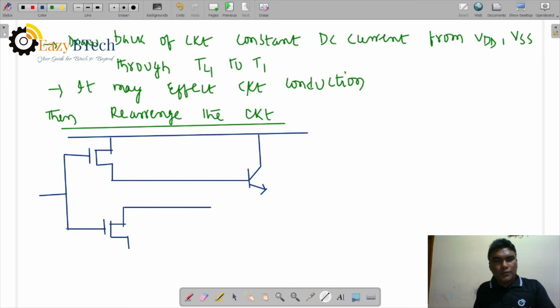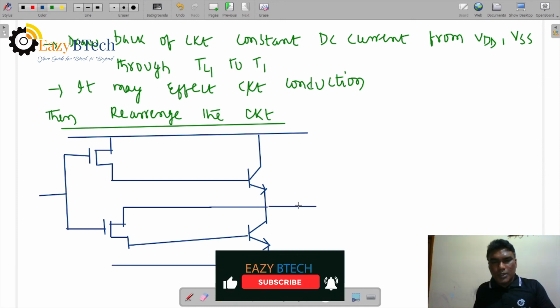Why remove this drain to source terminal and place it in between these bipolar transistors? You see this one, and ground, and a load capacitor.